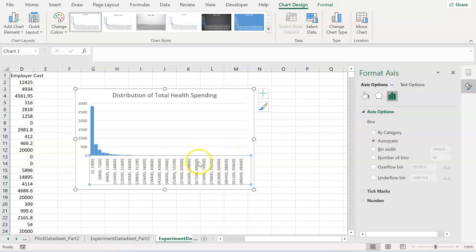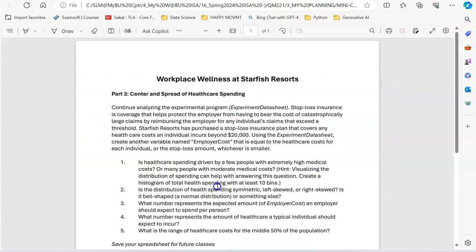So I'm gonna make anything that's greater than like suggested here. Anything that's greater than 20,000, we're gonna make it in an overflow bin.